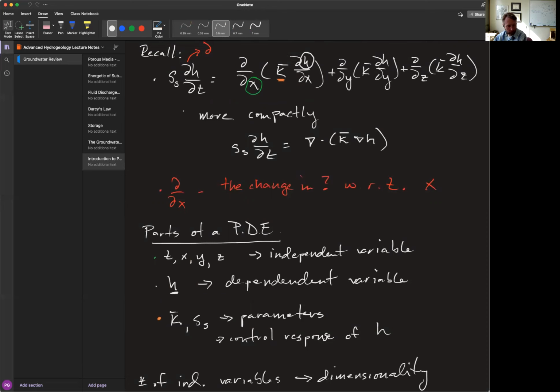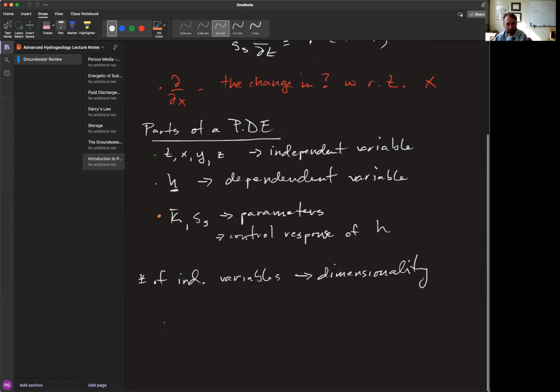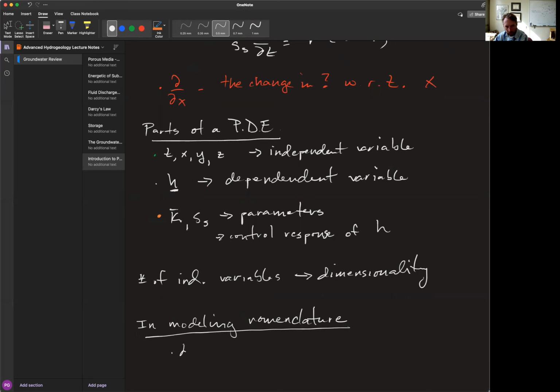All right. So in modeling nomenclature, at least for groundwater and for other fields, dimensionality refers to spatial variables.